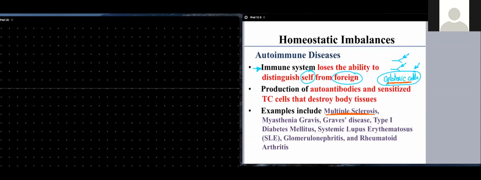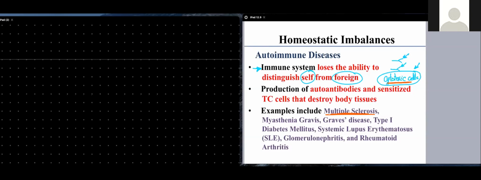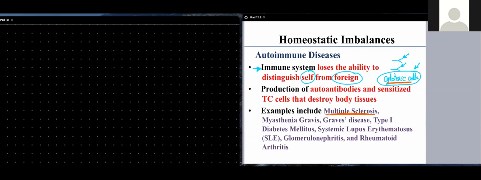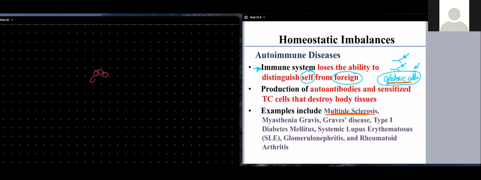Graves' disease is an autoimmune disease that affects the thyroid gland. If you remember, the thyroid gland was formed of two types of cells.